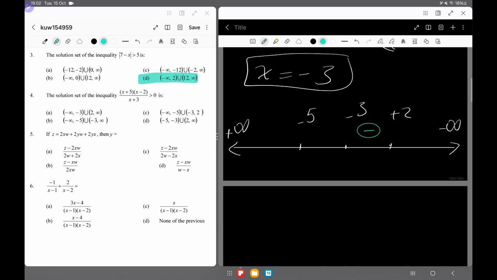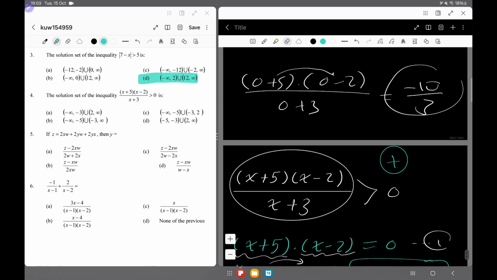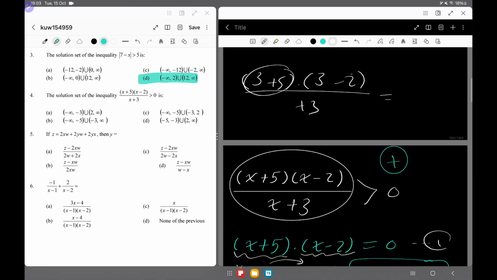Okay, take another number, for example, between 2 and positive infinity. Which numbers are between 2 and infinity? For example, 3, okay? We will substitute 3. 3 plus 5 is 8, times 1, 8 over 3.